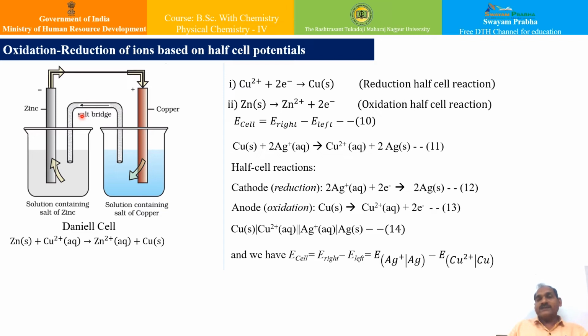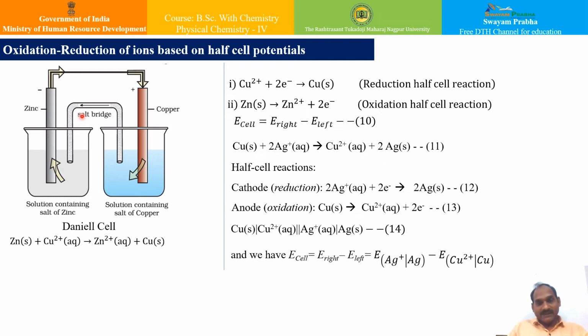It is called the cell electromotive force, known as EMF. Many times we say the EMF of the cell. When no current is drawn through the cell, the EMF of the cell can be represented, and it is an accepted convention that we keep the anode on the left and the cathode on the right while representing the galvanic cell.